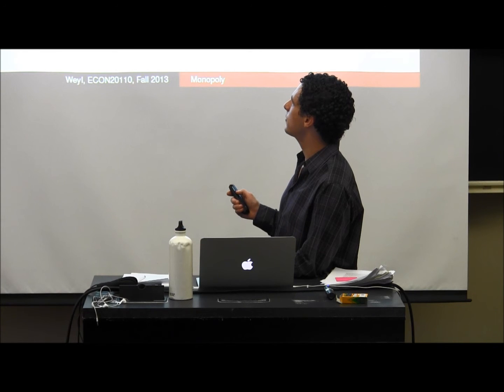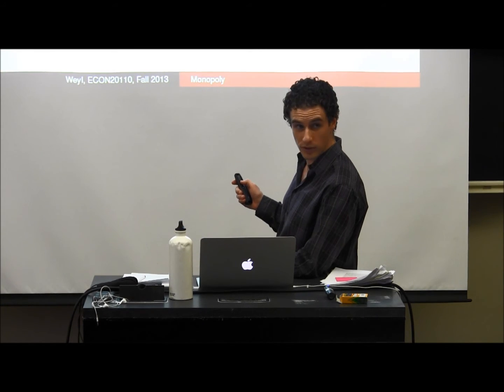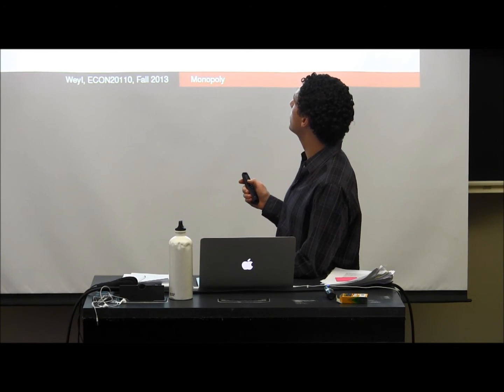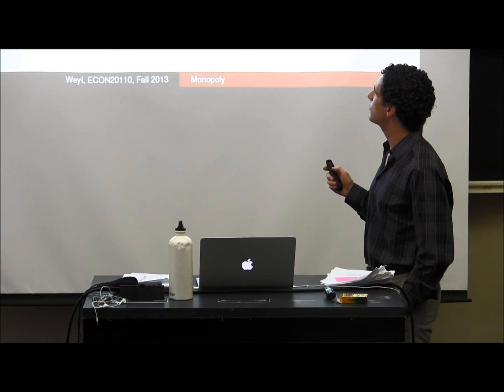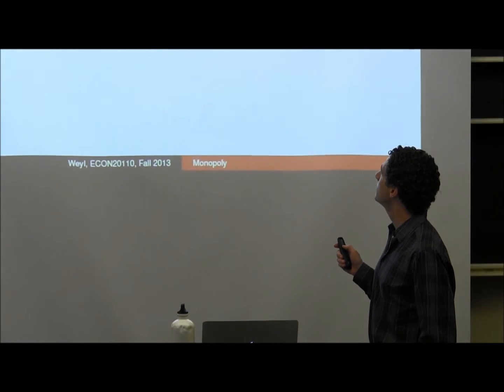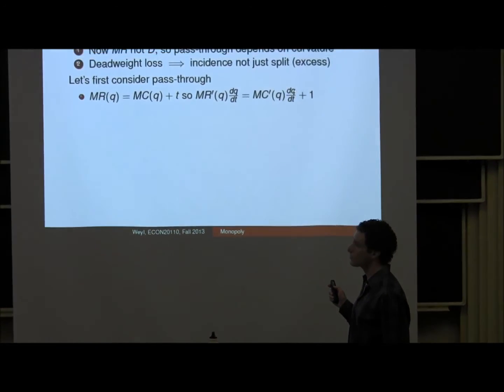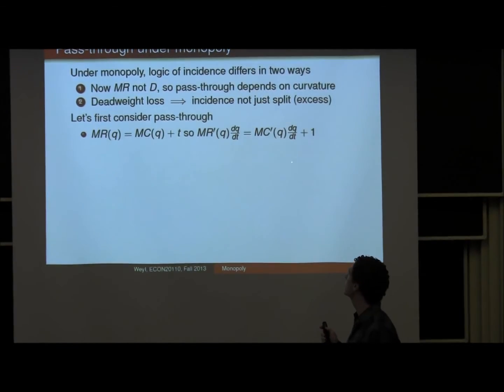For monopoly, marginal revenue is equal to marginal cost, which also includes the tax. So implicitly differentiating, we get that marginal revenue prime multiplied by the derivative of quantity with respect to the tax is equal to marginal cost prime times the derivative of quantity with respect to the tax plus 1.